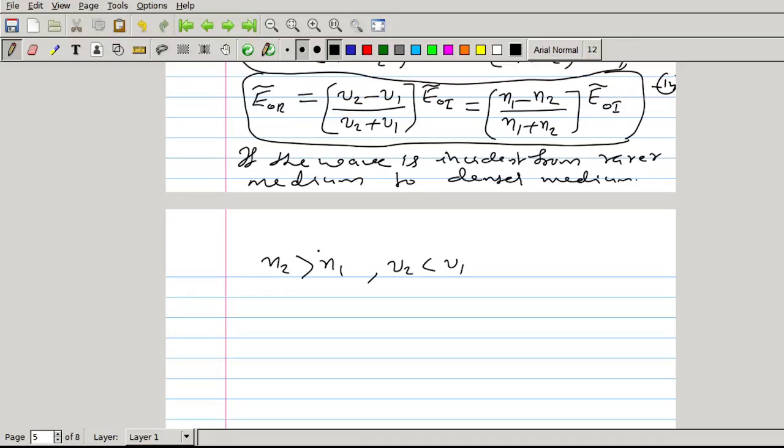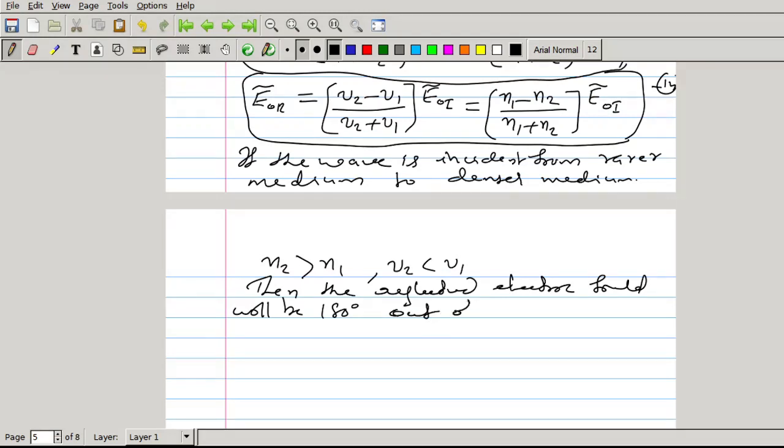Then the reflected electric field and the incident electric field are out of phase. The reflected electric field will be 180 degrees out of phase with the incident wave.